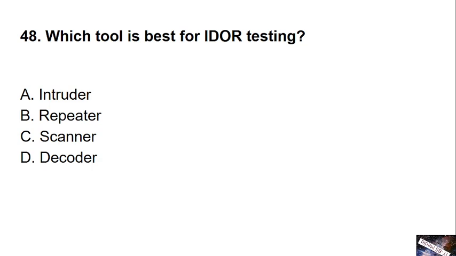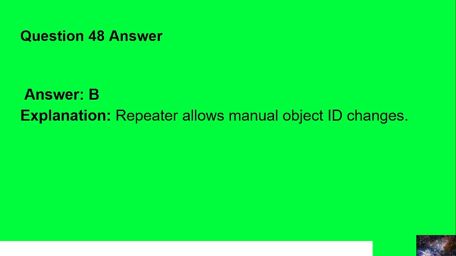Intruder, repeater, scanner, decoder. The answer is repeater. That's where you can modify the request header before sending it to the server.